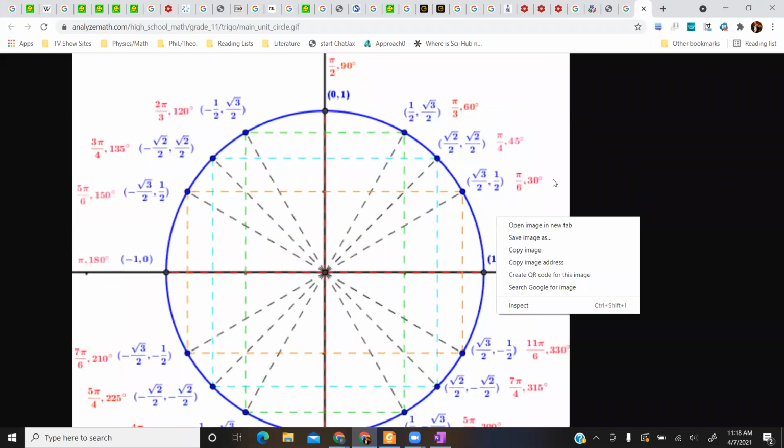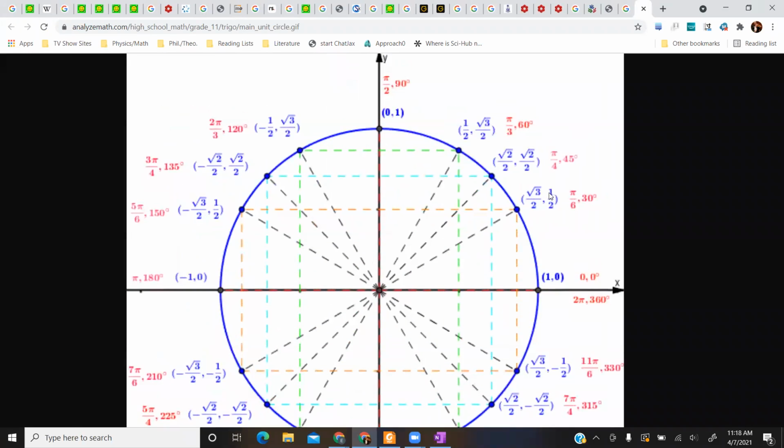So here's our reference point at 0, that corresponds to 0 or 2 pi. Then you have pi over 6, which corresponds to the point root 3 over 2, 1/2. Then you have pi over 4, which corresponds to root 2 over 2, root 2 over 2. And then you have pi over 3, which is the one we're interested in.